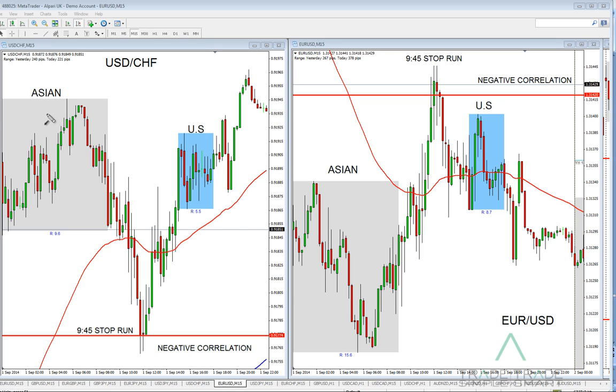In this example, we're looking at the 1st of September 2014, and we can see that the dollar Swiss is in a clear move to the downside. We have a previous level of support and resistance that I've marked out, and we can see through the candlesticks that we have that aggressive move through our identified zone.